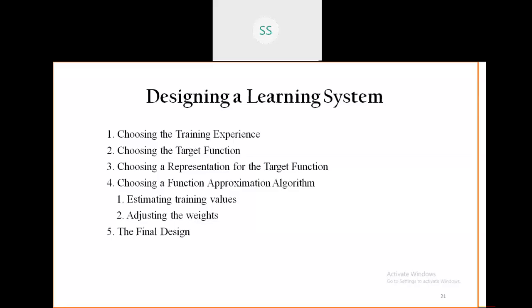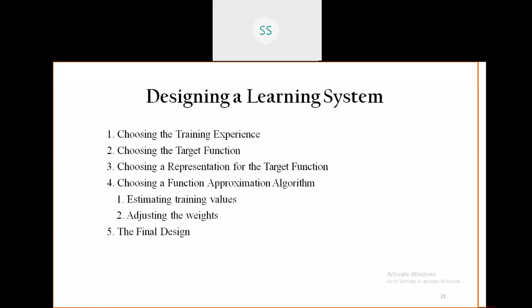Here we have talked about training experience: how to choose the training experience, the target function, and the representation for the target function. And we have seen function approximation algorithms, that is, estimating training values as well as adjusting the weights.